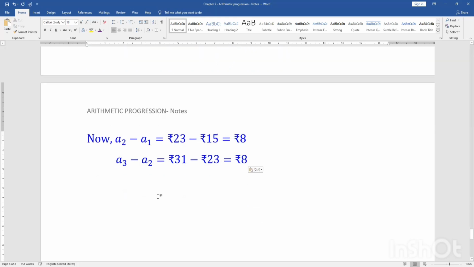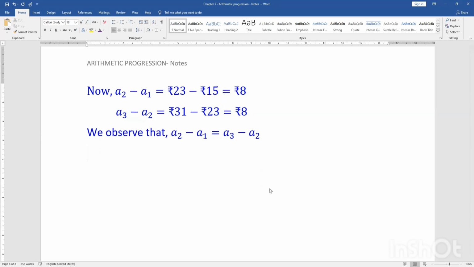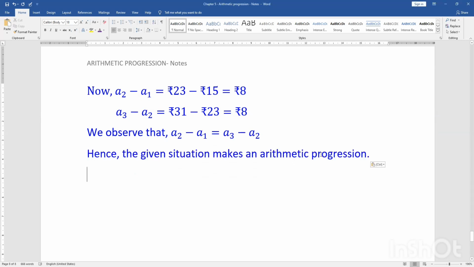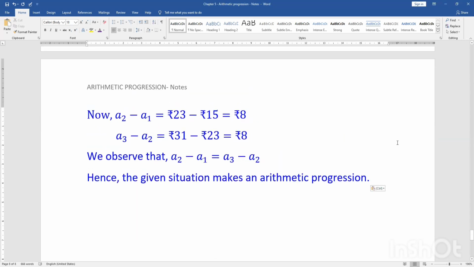Now that means A2 minus A1 is equal to A3 minus A2, correct? So we observe that A2 minus A1 is equal to A3 minus A2. Hence, the given situation makes an arithmetic progression.